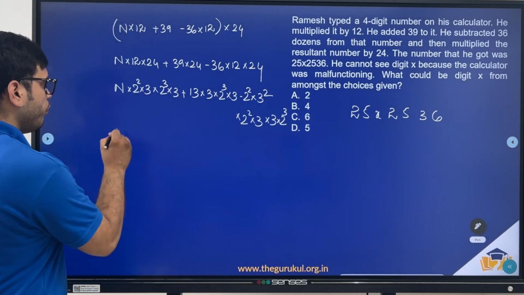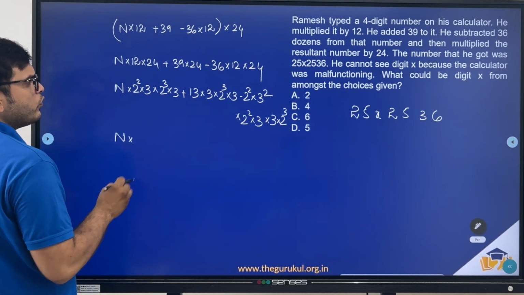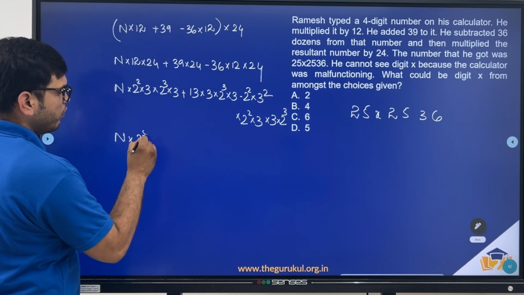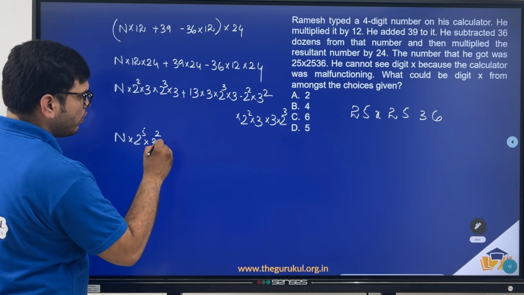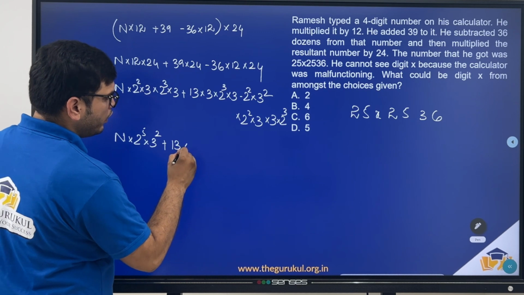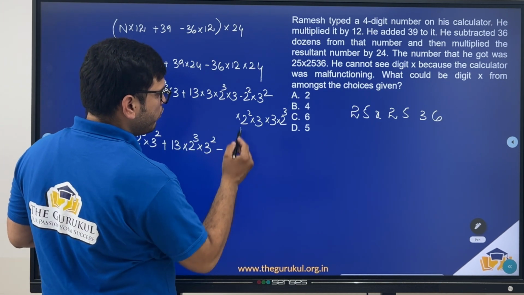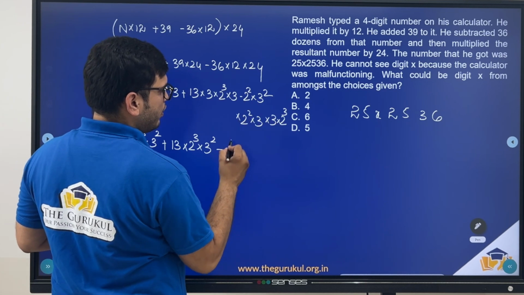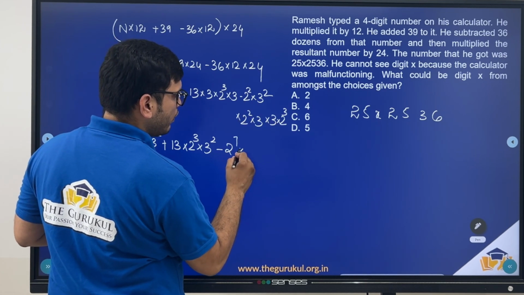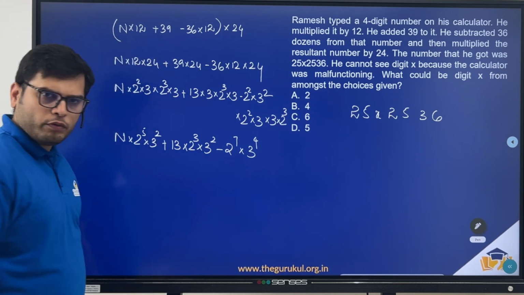So this would be n into 2 power 5 into 3 square plus 13 into 2 power 3 into 3 square minus 2 power 7 into 3 power 4.